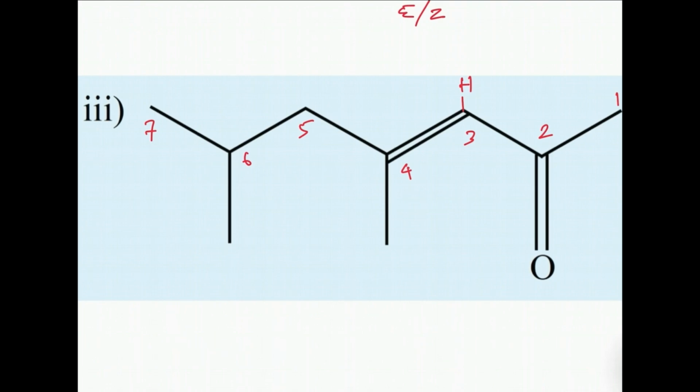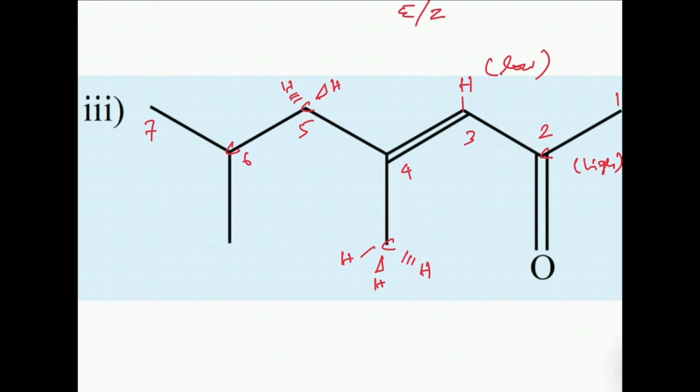Let's do this. So this gets the low priority because hydrogen, and here we have a carbon atom that gets the high priority on this side of the double bond. And then on that side of the double bond we have a carbon here, and then 3 hydrogens, and here we have a carbon, 2 hydrogens, and then we have a carbon.